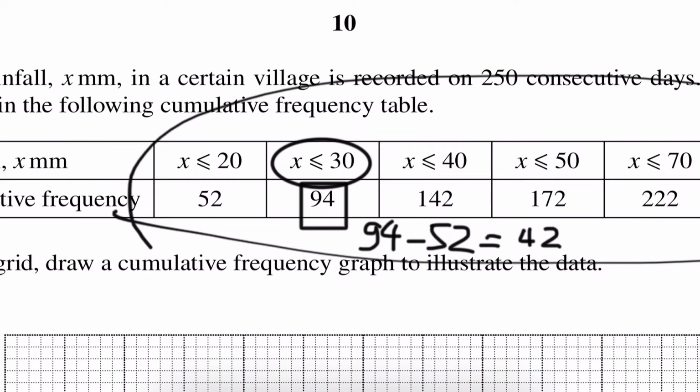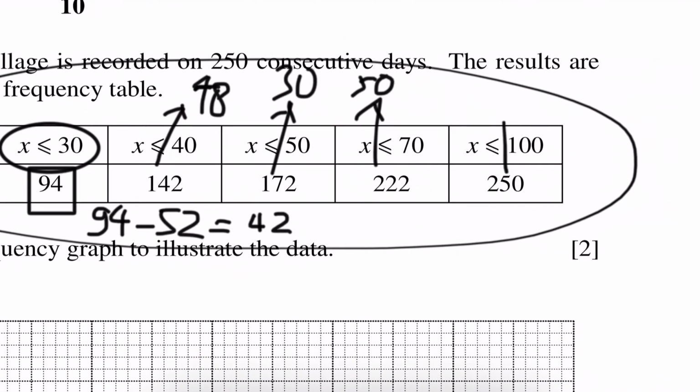So for x smaller than 40, your frequency will be 142 minus 94, which is 48. And for this one, you have 30. For this one, you have 50. And for the last group, you have 28.